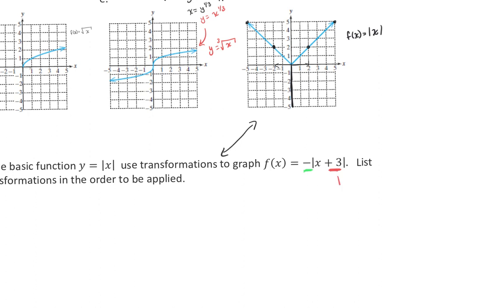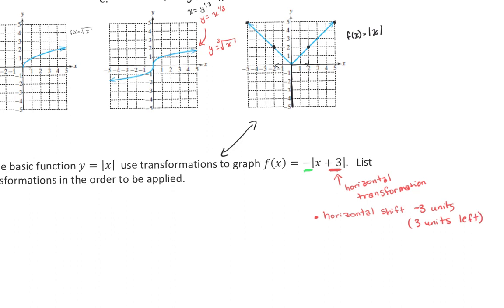So this means, like how we talked about earlier, this is happening directly to the x. So this is a horizontal transformation. And similar to the last problem, this is a horizontal shift. Unlike the previous problem, though, this is a horizontal shift -3 units, or 3 units left.